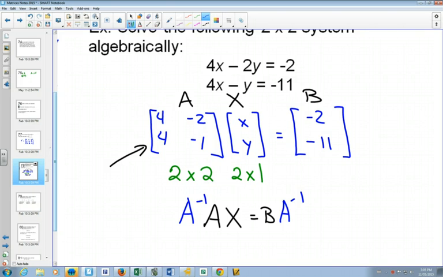It's on the wrong side, because with matrices, the order matters when you multiply. So because I multiplied on the front side on the left, I have to multiply on the front side of the right. And A inverse times A will just be the identity matrix, and the identity matrix times X will just be X.